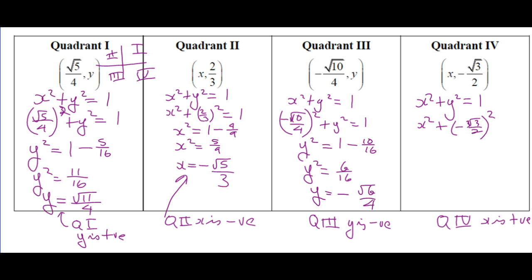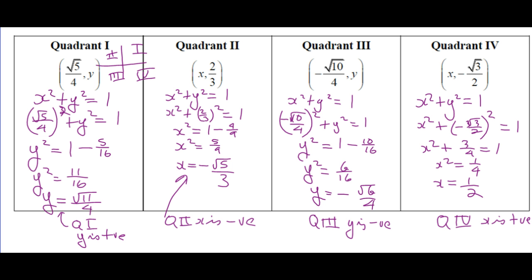Okay, make sure that's in parentheses. That's 3/4. Now, if x squared is a quarter, then x is really plus or minus a half, right? Always keep that in mind. It's always plus or minus. But in this case, we predetermined that it's in quadrant 4, so the x value is positive.